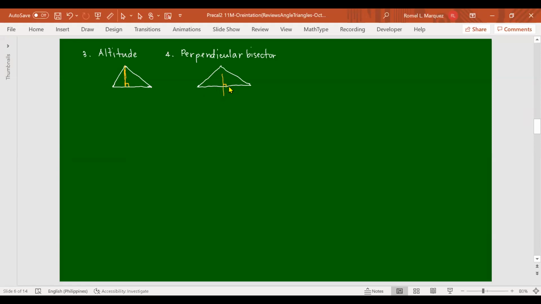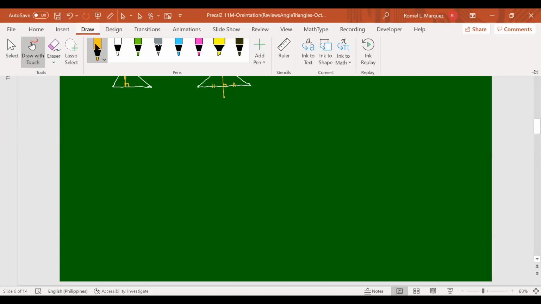Meaning dividing perpendicularly the side, no? Dividing into two equal parts. So it is a line perpendicular to the side, dividing it into two equal parts or segments. Okay?